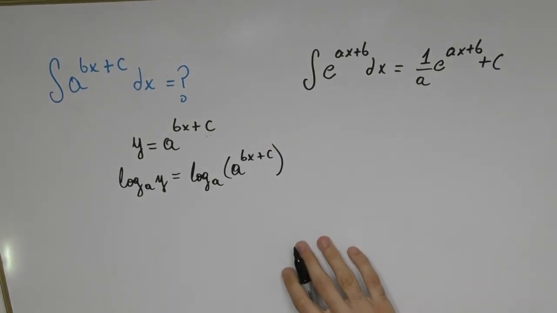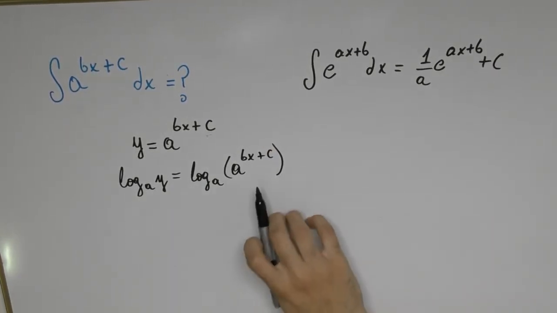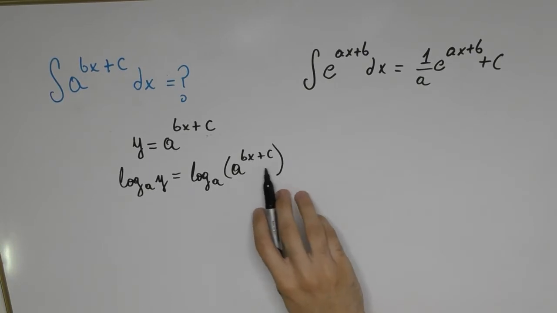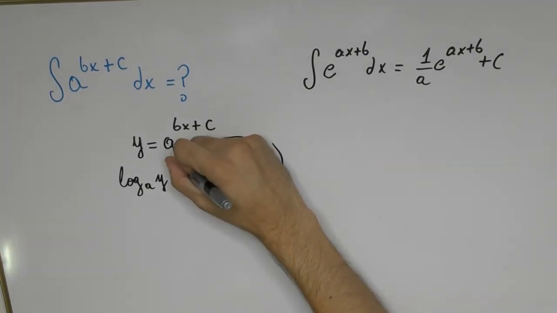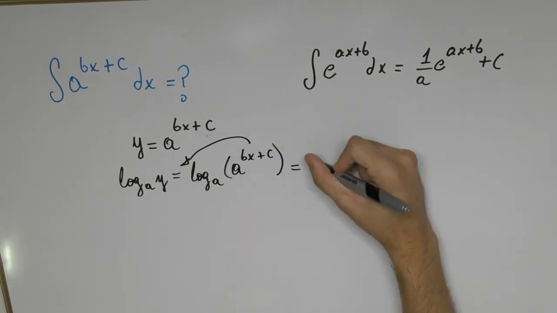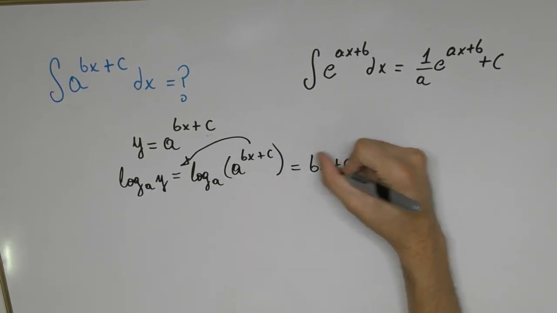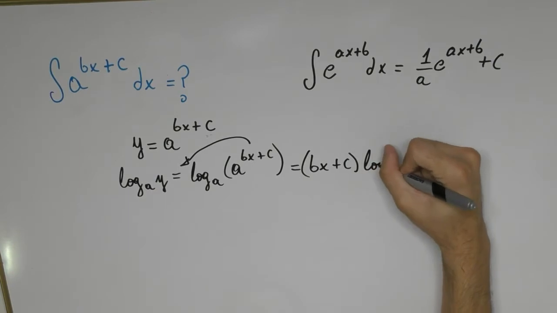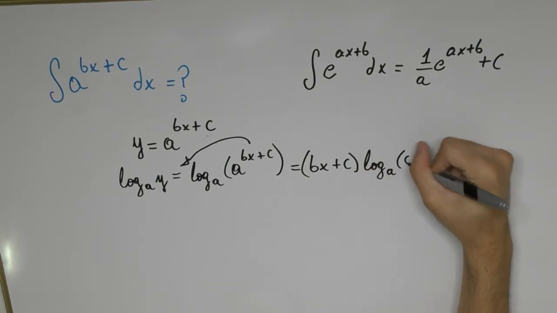Now we're going to first use the first property of logarithms, which says that if we have an argument where there's a power, the power is going to come to the front. So now we can write that down as bx plus c as a factor, and then we have log base a of a.